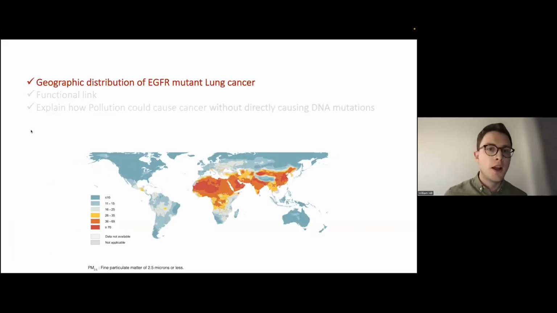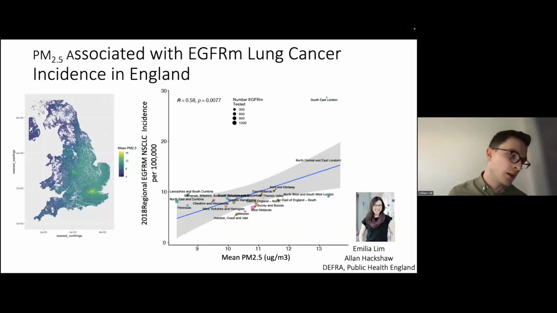And so just initially, we carried out ecological correlation analyses, working with Public Health England and DEFRA within the UK, looking at the regional incidence of EGFR mutant lung cancer per 100,000 and the mean PM2.5 levels. And we found a significant positive correlation between these, possibly suggesting that we might be onto the right track and that there is an association.